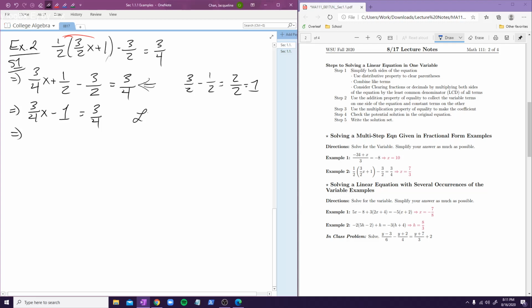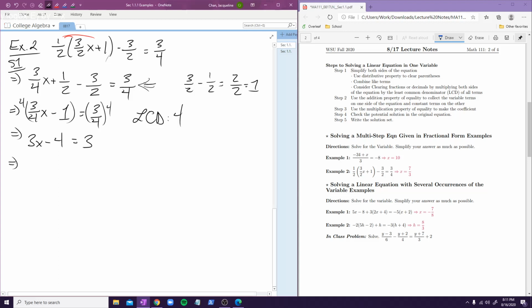Okay, so the LCD is 4. Okay, so we're going to multiply everything by 4. Okay, and when we do that, we get 3x minus 4 is equal to 3. Right? So finally, this is as simplified as possible on both sides.